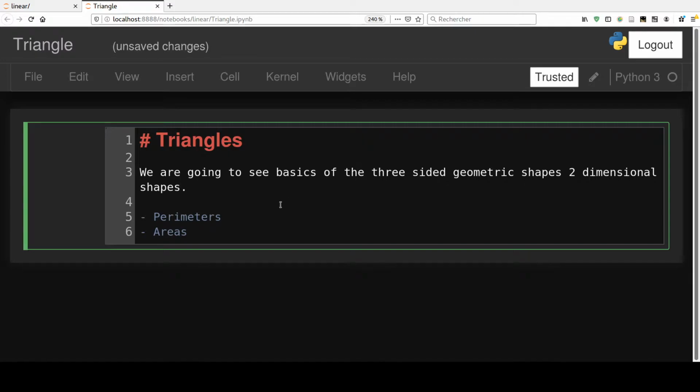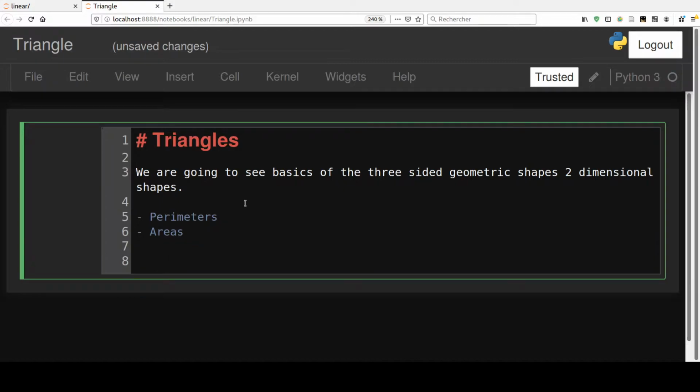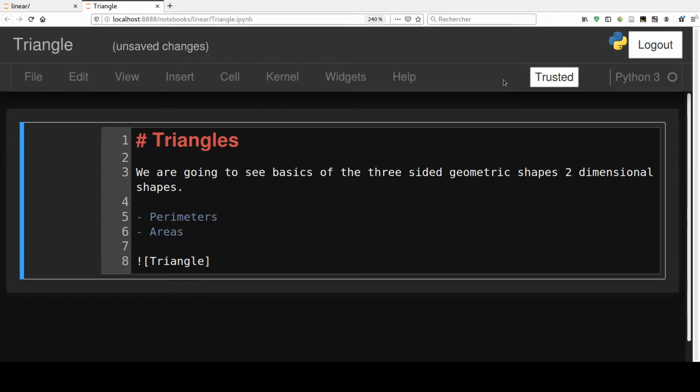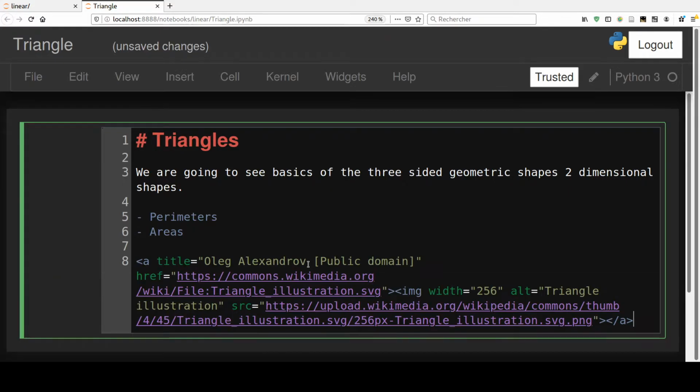As well. And let's add a simple picture of a triangle. Most of the material I will be using comes from Wikipedia, illustrations and other visual material.